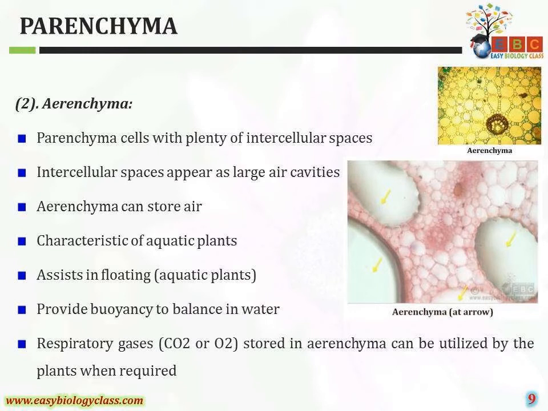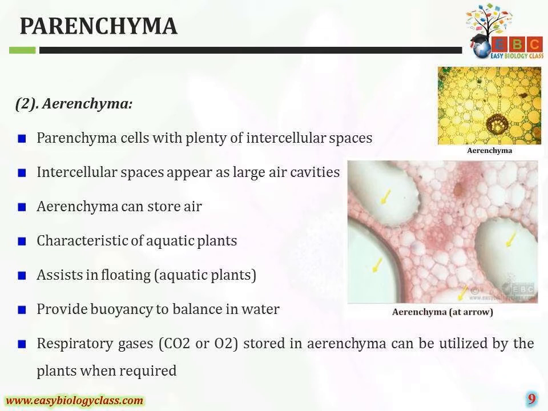Now, the other type of parenchymatous tissue is the aerenchyma. Parenchyma cells with plenty of intercellular spaces are termed aerenchyma. They have very large air cavities. They store air and they are usually present in aquatic plants. They help in the floating of aquatic plants and provide buoyancy in the water.